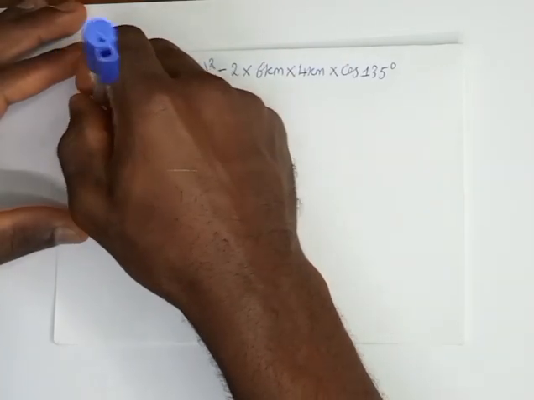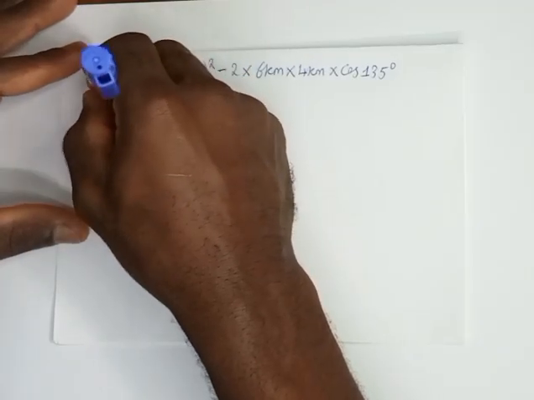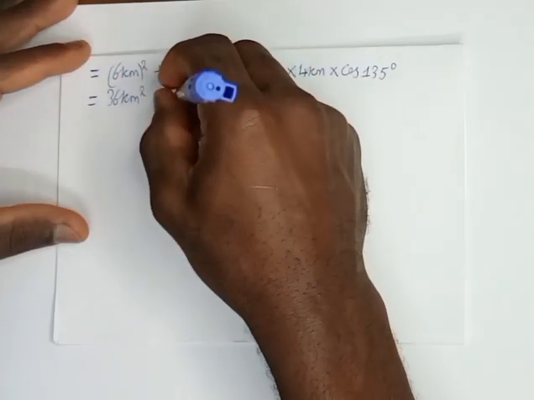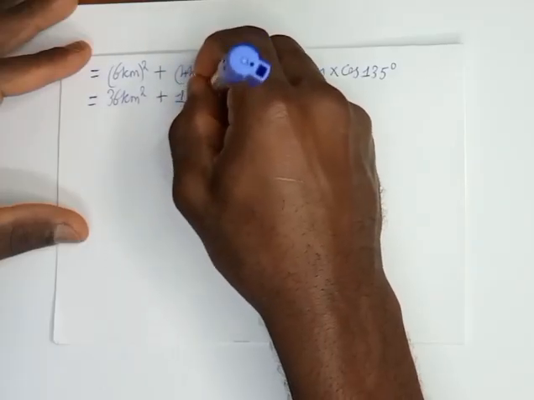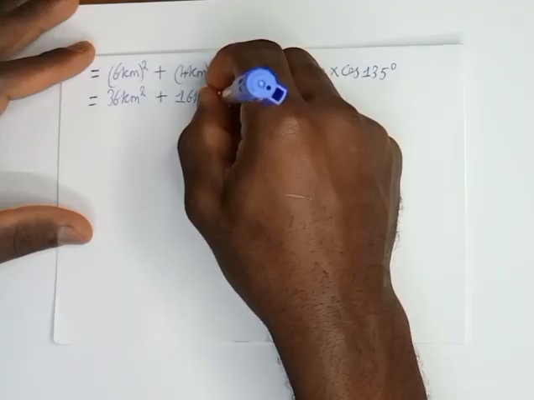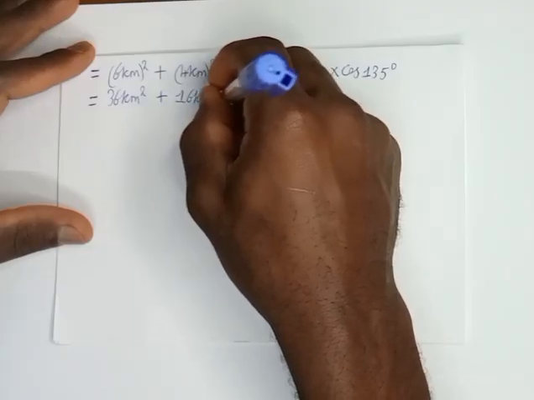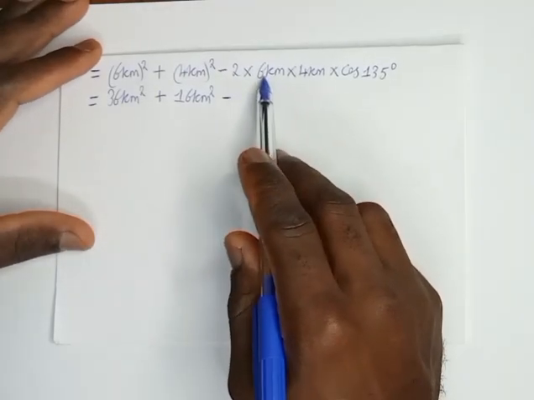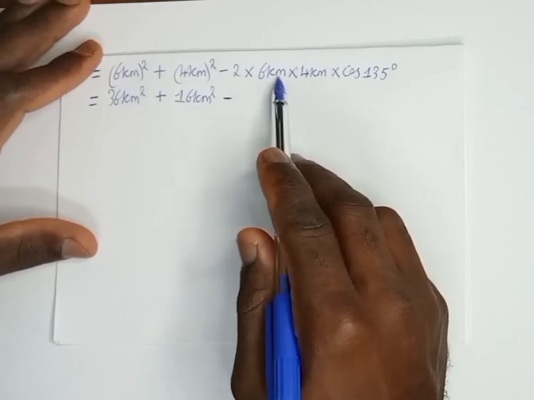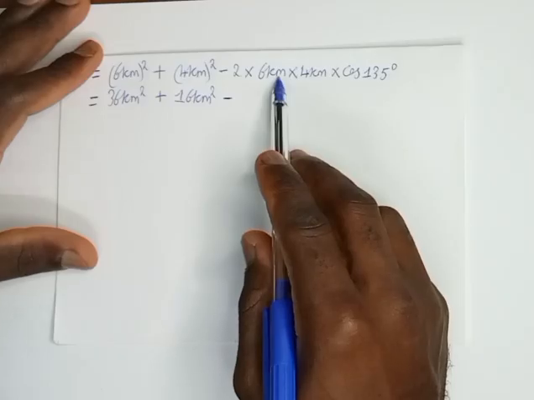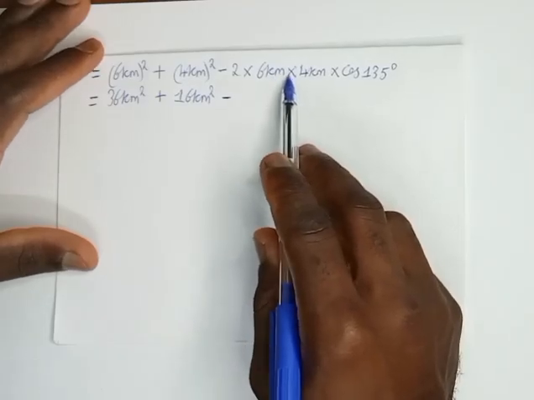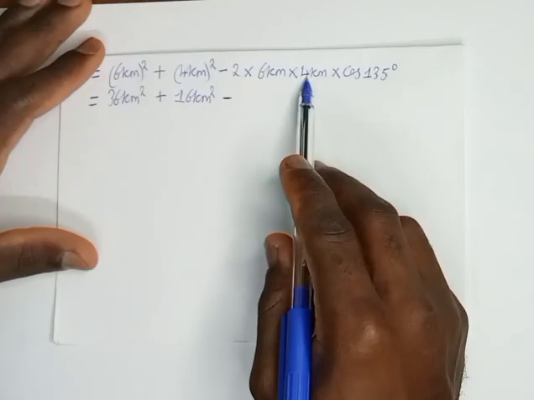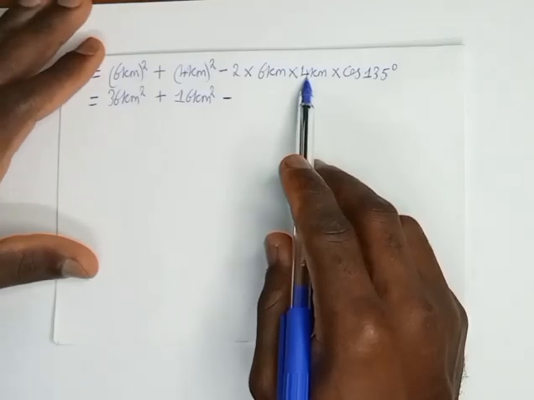This will simply be equal to 6 kilometers squared gives us 36 kilometers squared plus 4 kilometers squared gives us 16 kilometers squared minus, we take negative 2 times 6 kilometers gives us negative 12 kilometers. Negative 12 kilometers times 4 kilometers gives us negative 48 kilometers squared.